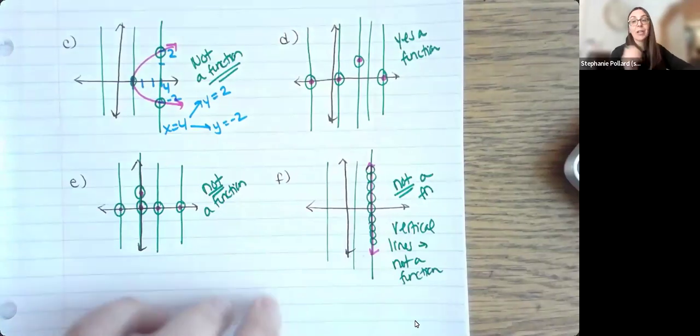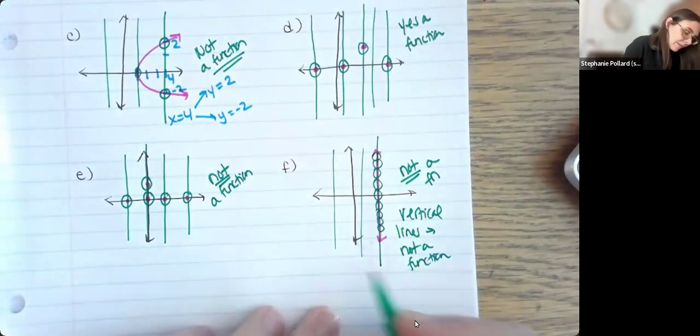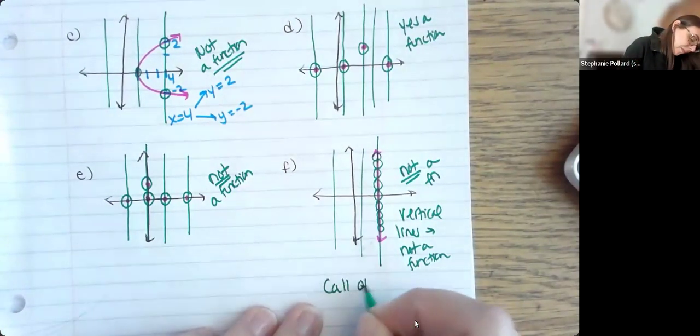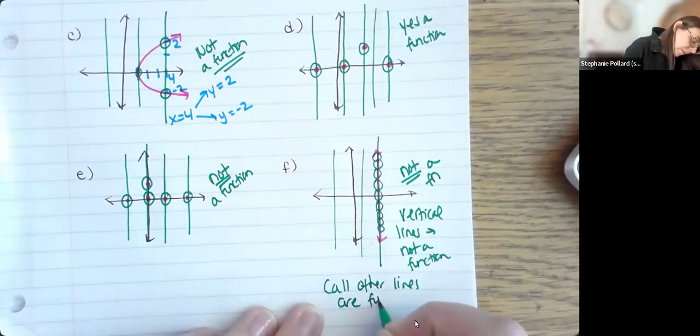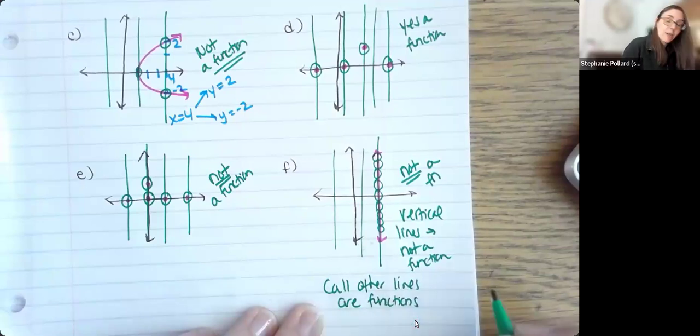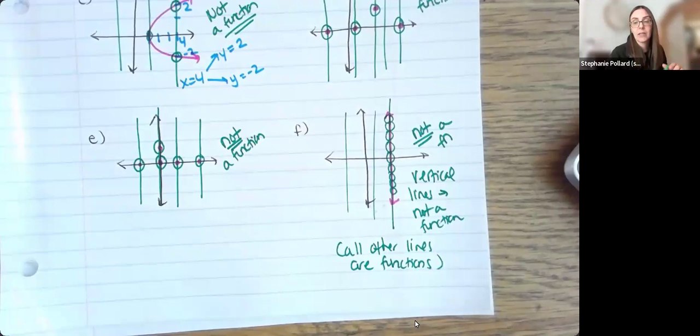All other lines actually are functions, by the way. So any other line, horizontal, slanted, positive or negative, it doesn't matter. They're all functions, but vertical lines are not because they fail that vertical line test.